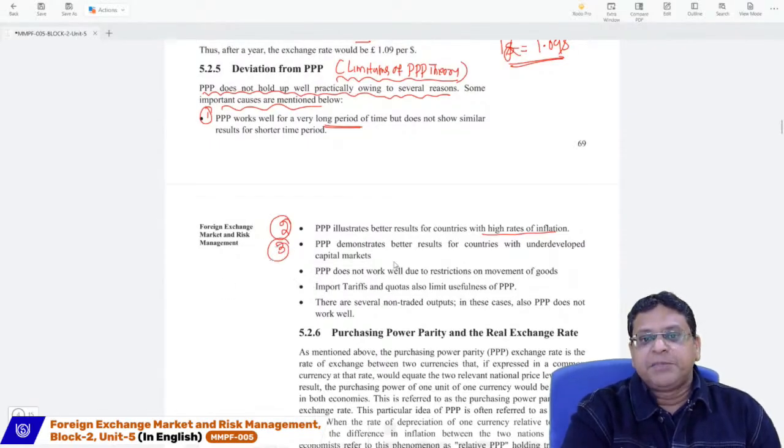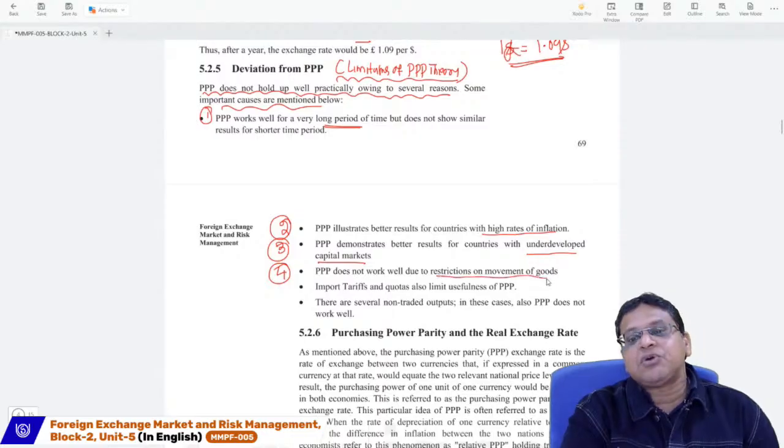Third, PPP demonstrates a better result for countries with an underdeveloped capital market. Next, PPP does not work well where there are frictions.